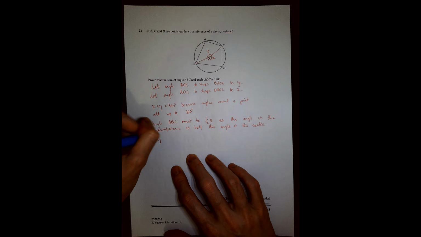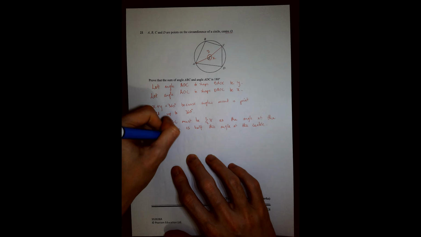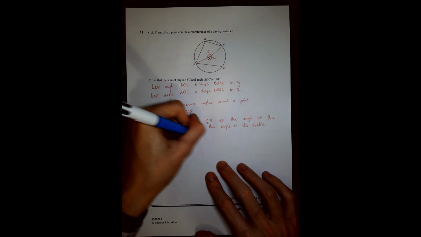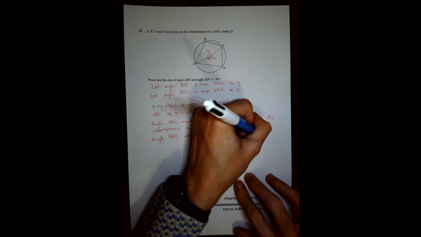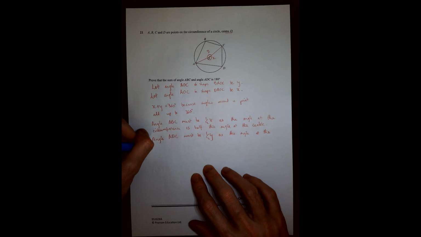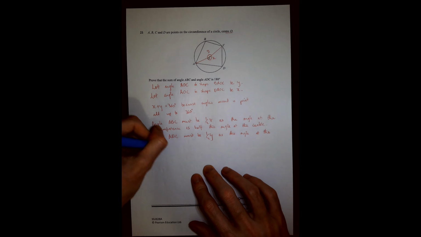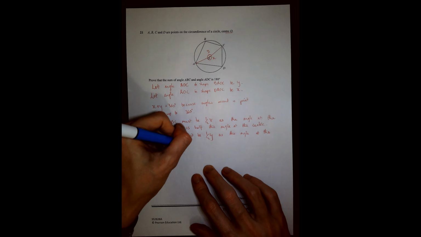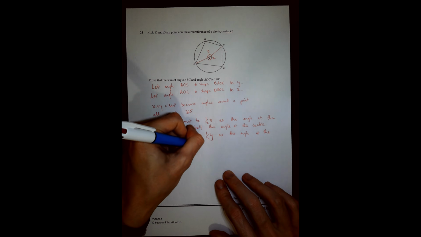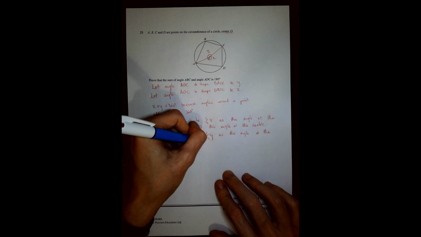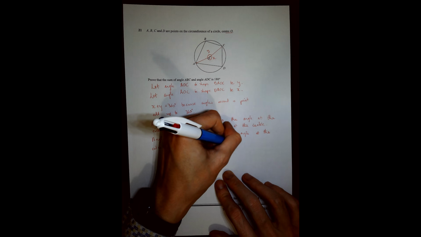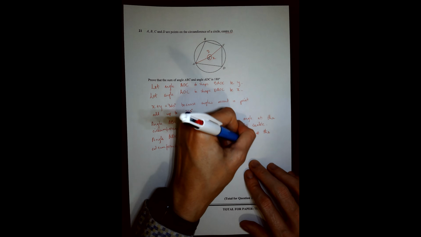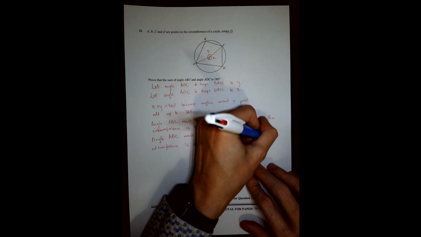So angle ADC must be half Y, as the angle at the circumference is half the angle at the centre.